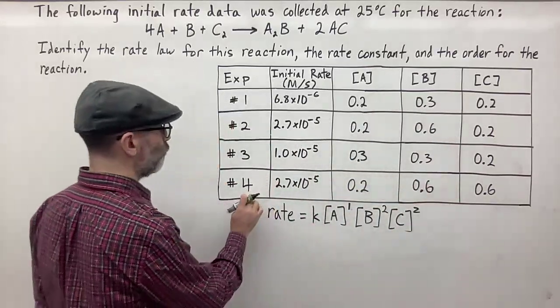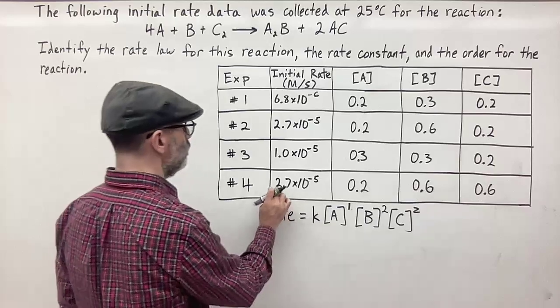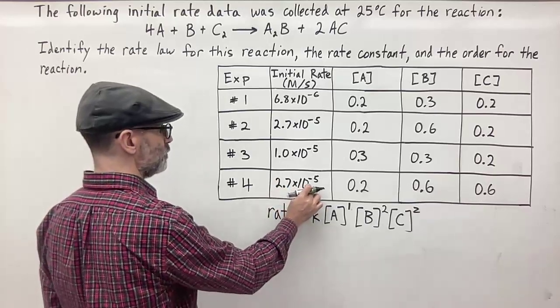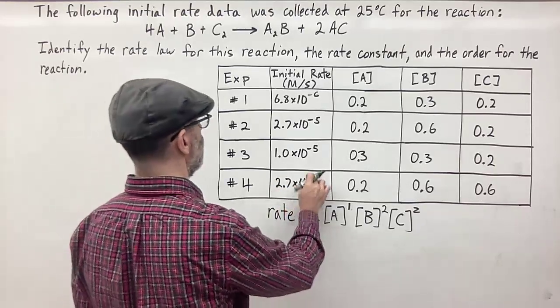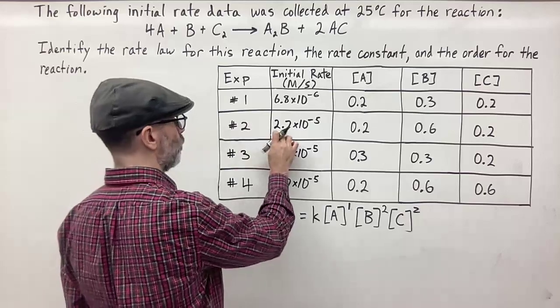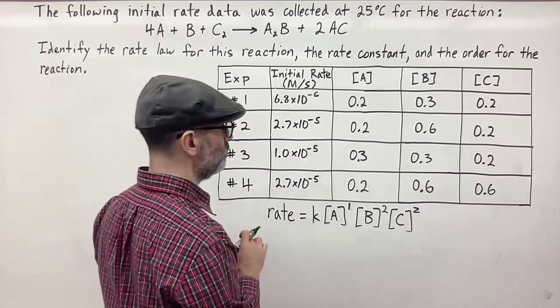So for number 4, we have 2.7 times 5 times 10 to the negative 5, and here we have 2.7 times 10 to the negative 5.